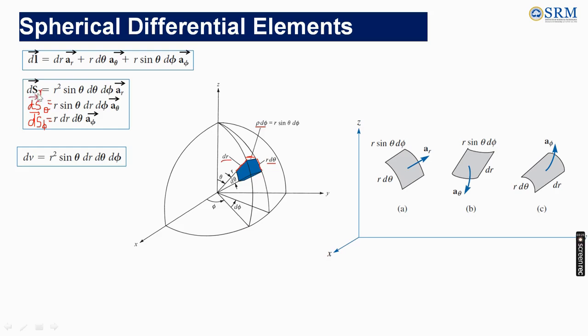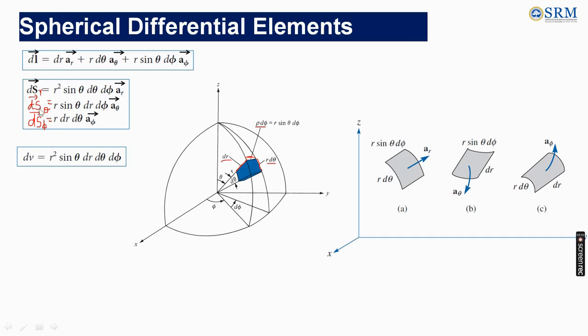Now let us see how to write the differential surface area. Along the radial axis, I have these two differential components, r d theta and r sin theta d phi. The product gives r square sin theta d theta d phi times the unit vector perpendicular to the surface, that is a_r cap.